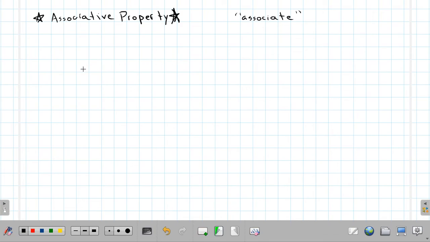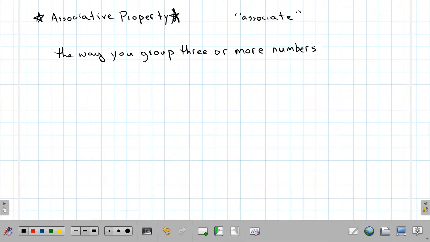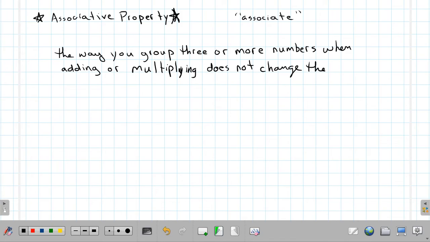So what the associative property tells us here is the way you group 3 or more numbers when adding or multiplying does not change their sum or product.